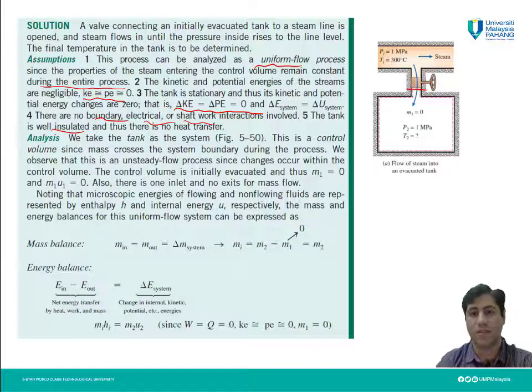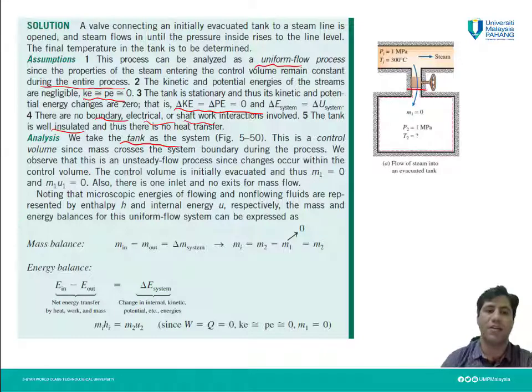Then we select the tank. We take the tank as our system, and if you notice here, as I discussed earlier, we have mass transfer through the boundary of our system, so we have a control volume.